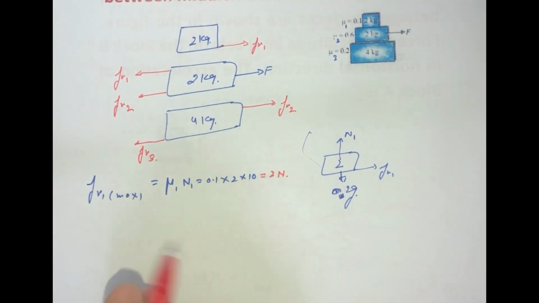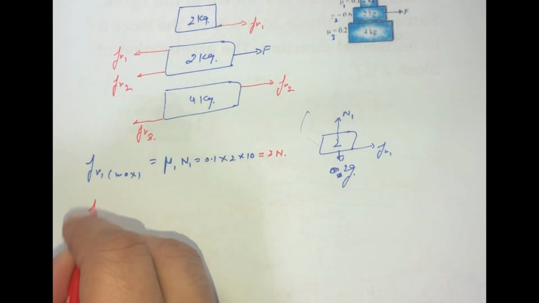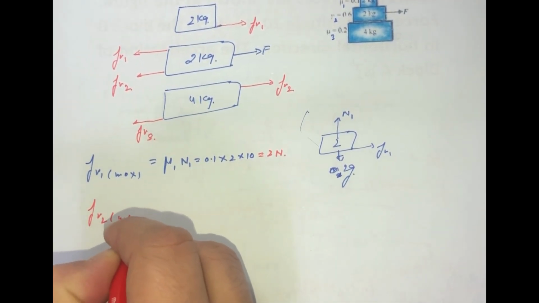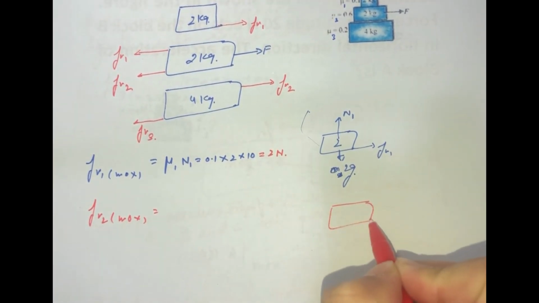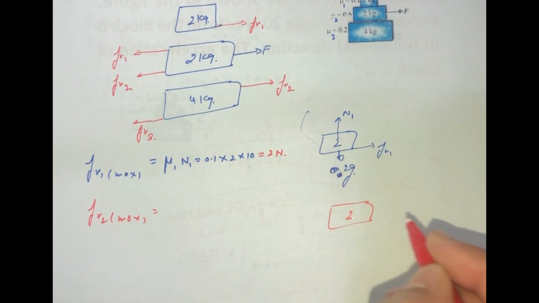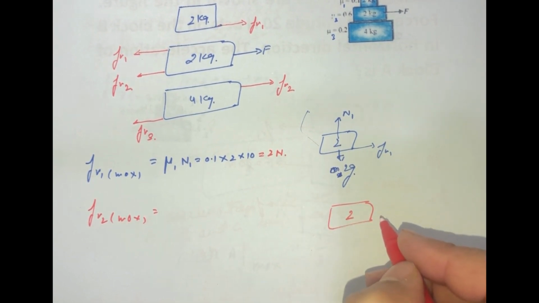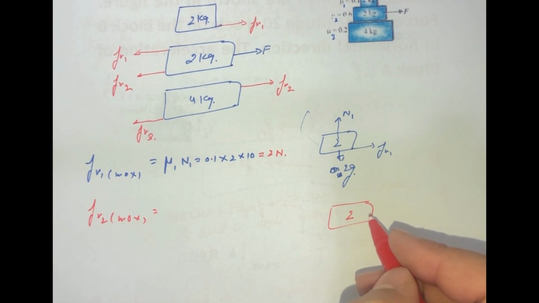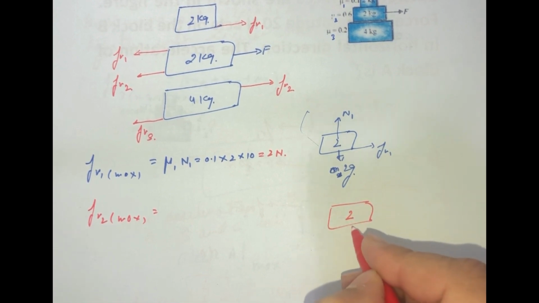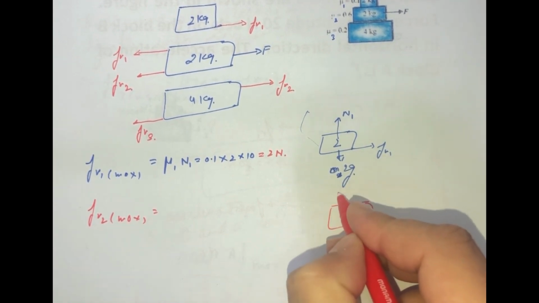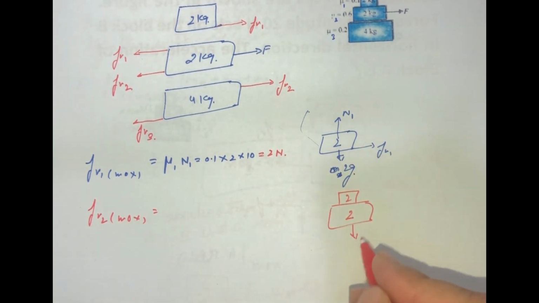Okay, and for Fr2 max, this is the middle one, 2 kg, and it will be here also, 2 kg, the above one, so this will be 4 kg, 4g.